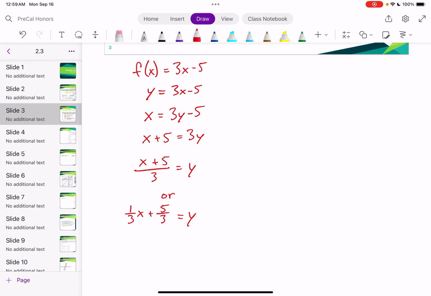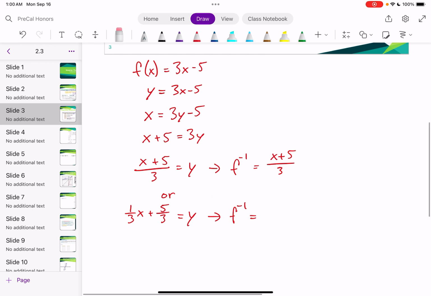Once we have y isolated, we can then rewrite it as f of -1 of x is equal to x plus 5 over 3, or f of -1 of x is equal to 1/3 x plus 5/3.